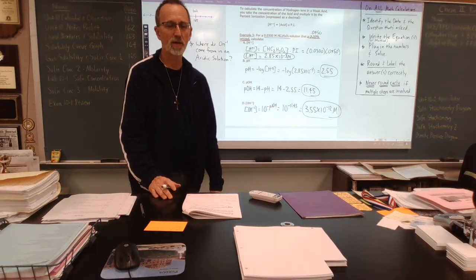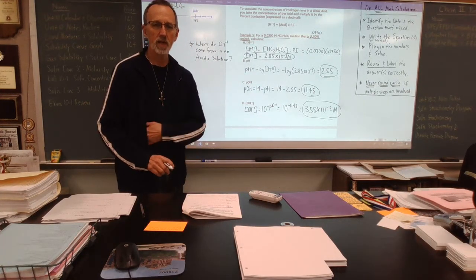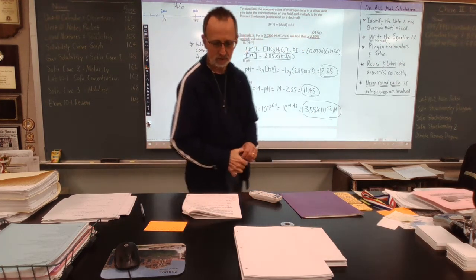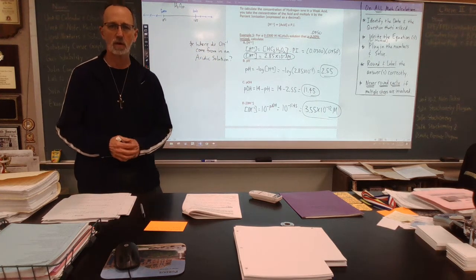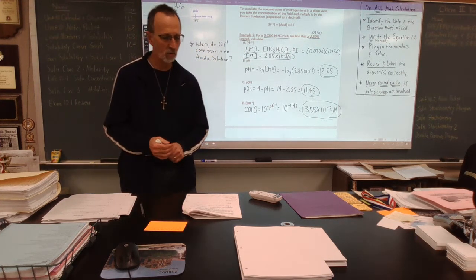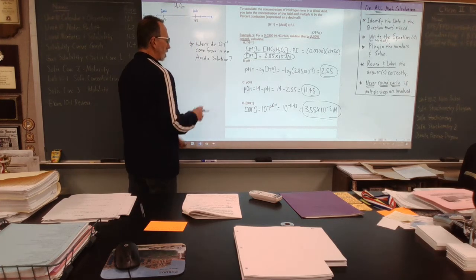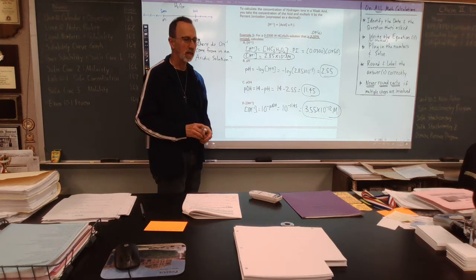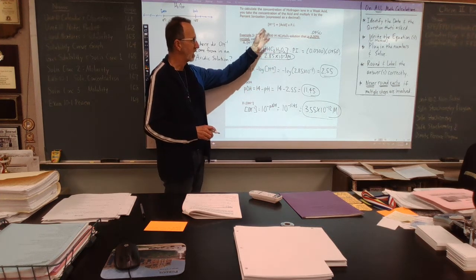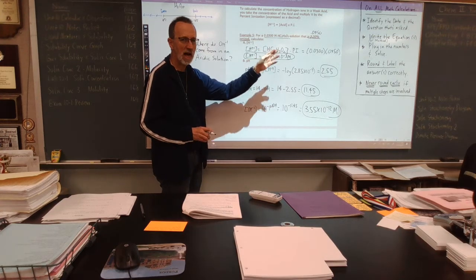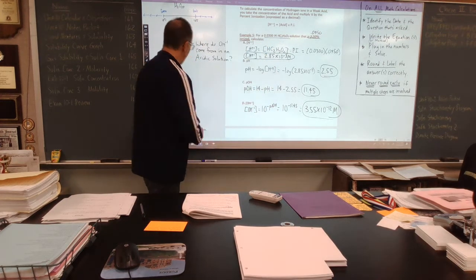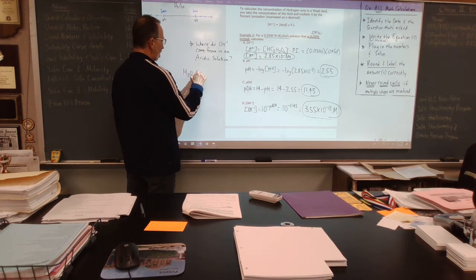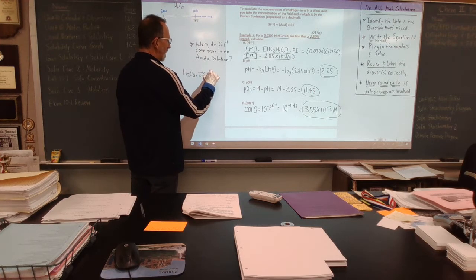Because they sure don't come from the acid. But think about the solution. What is the acid dissolved in? The acid is dissolved in water. Remember, when you dissolve this acid in water to form a solution, not only do you have acetic acid molecules and hydrogen ions and acetate ions, but you've got water molecules in there that are self-ionizing.